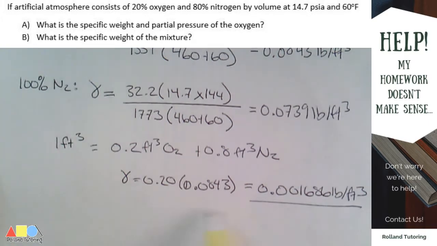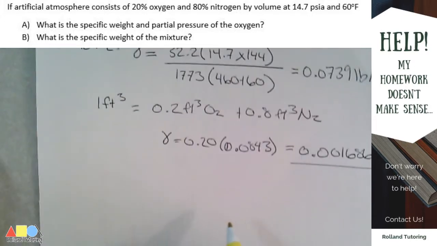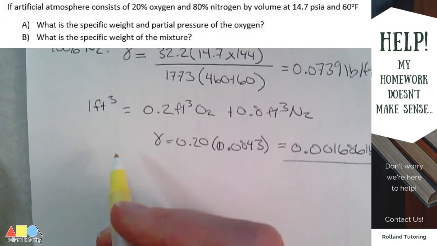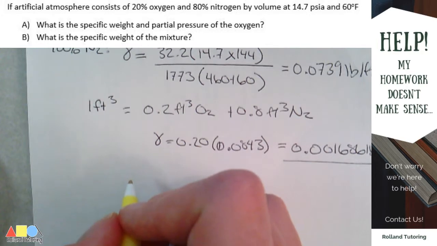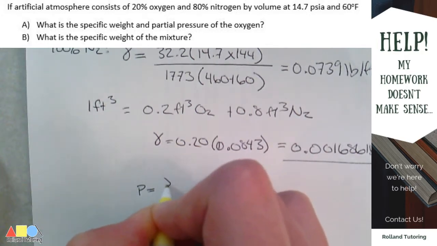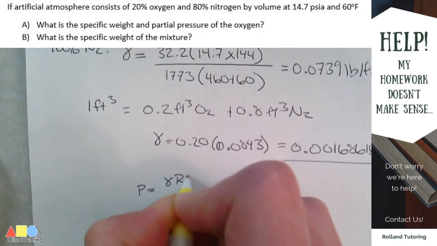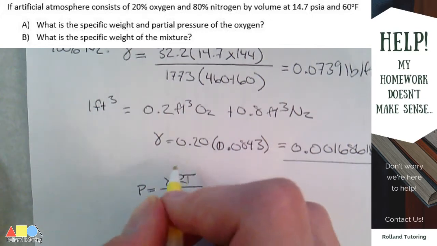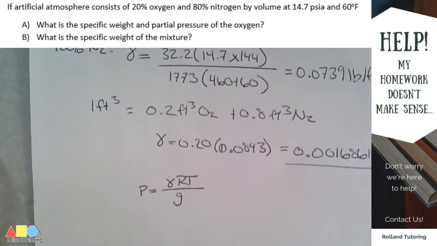You can round that to whatever significant digits you need to, but that is our first answer, the specific weight. Then we can find our partial pressure by using that same gas equation, only now we switch it around, so P equals specific weight times R times T over gravity.